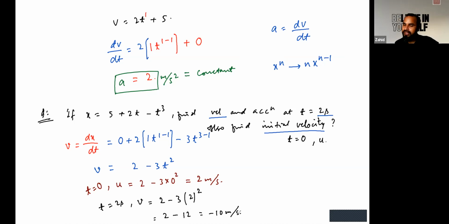Just try to find the acceleration. Khalid, let me check, please. One minute. Good.